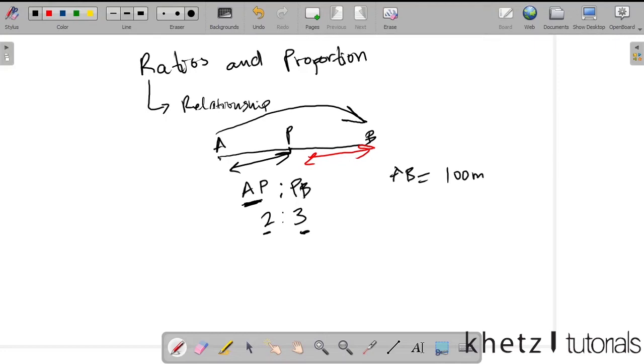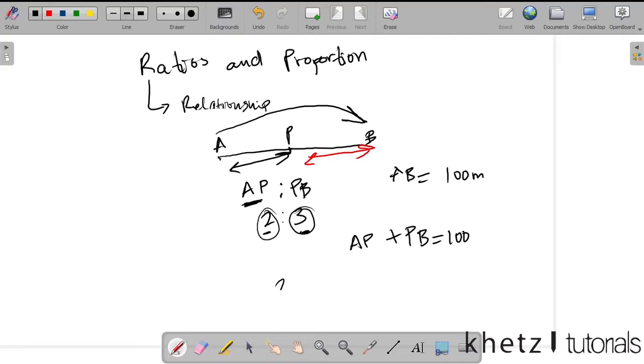Now, AB is formed of AP and PB, so when you add AP and PB, you should get 100. But you'll notice that here you have 2 and 3.